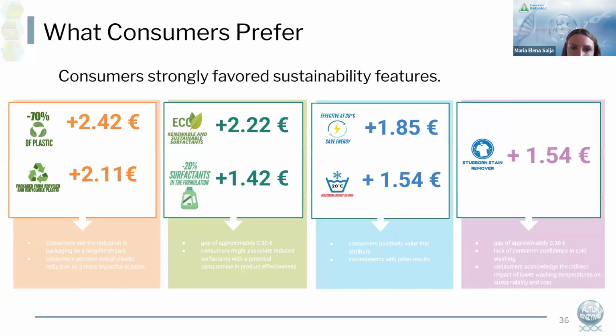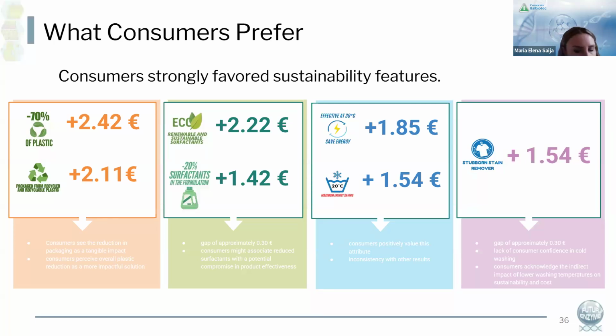Next slide, please. Okay. The results clearly reflect the trend that consumers are willing to pay a premium for more sustainable products, regardless of the type of attributes. So a general interest in sustainable features. The highest willingness to pay was for reduced plastic packaging, followed by recycled and recyclable plastic.